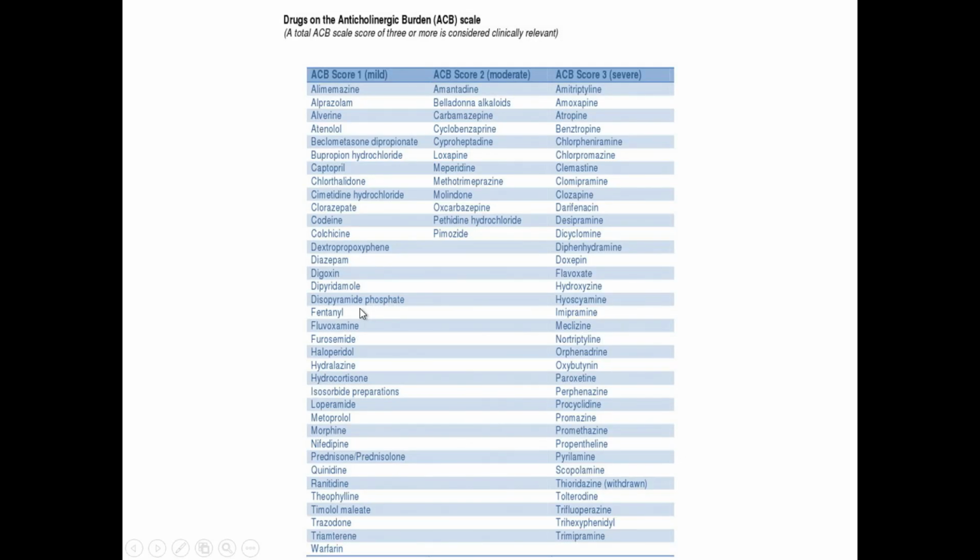It's for this reason that polypharmacy of any kind is discouraged, but certainly polypharmacy of medications that have any anticholinergic score has to be considered relevant and potentially dangerous for patients in terms of their risk for developing delirium.